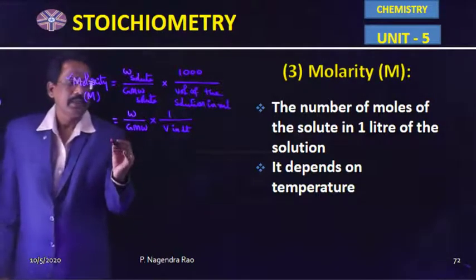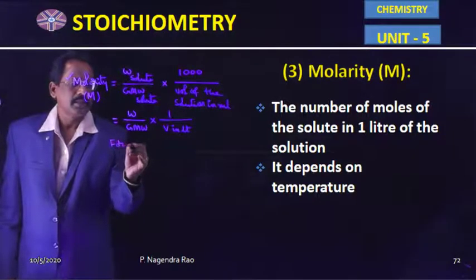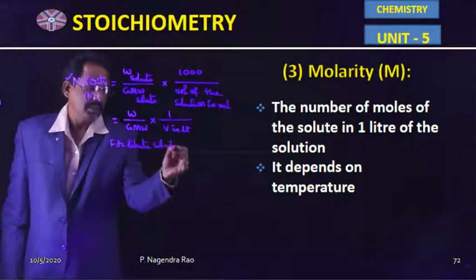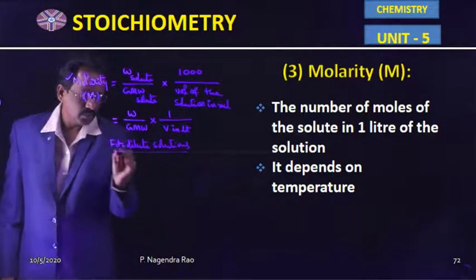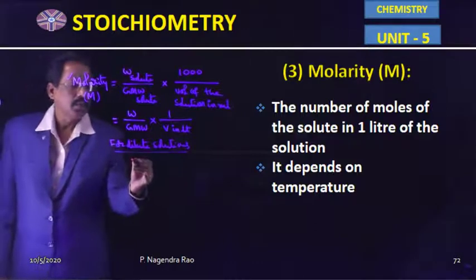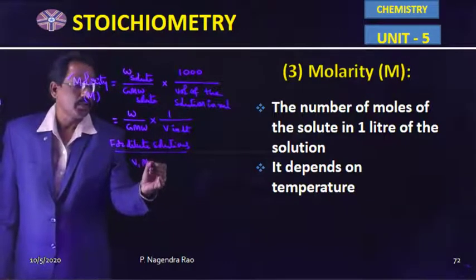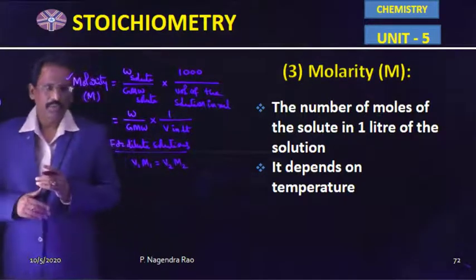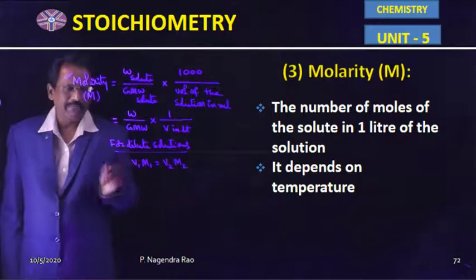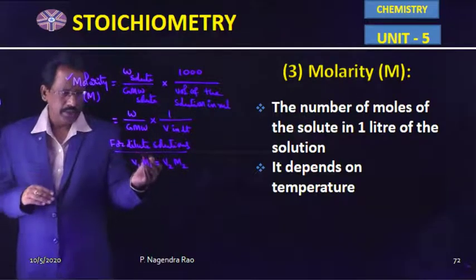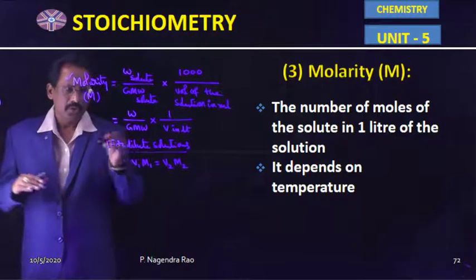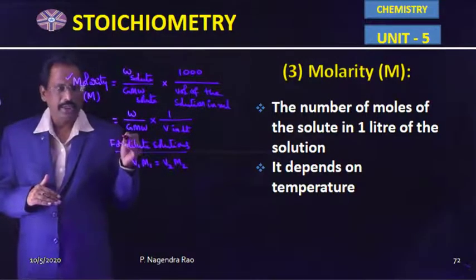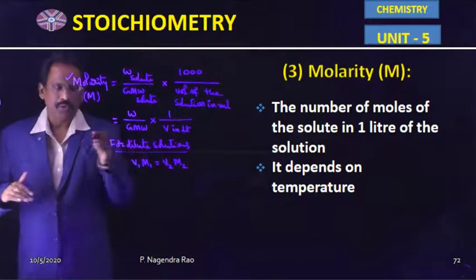For dilute solutions, according to the rule of molarity, V1 M1 is equal to V2 M2, where V1 and M1 are the initial volume and initial molarity of the solution, and V2 and M2 are the final volume and final molarity of the same solution.